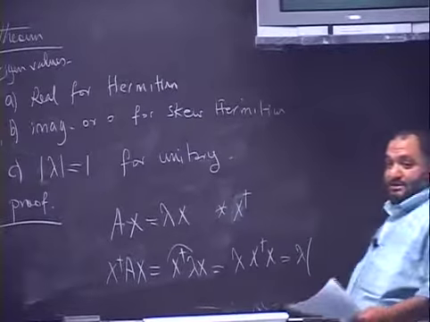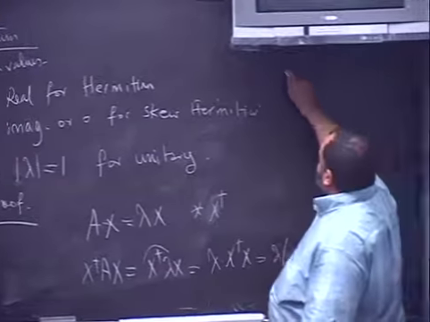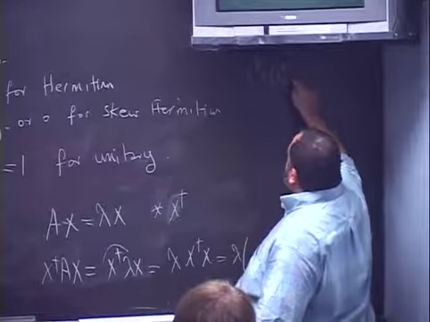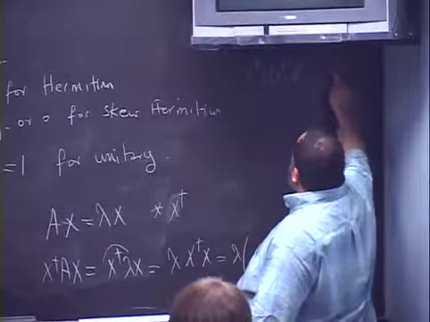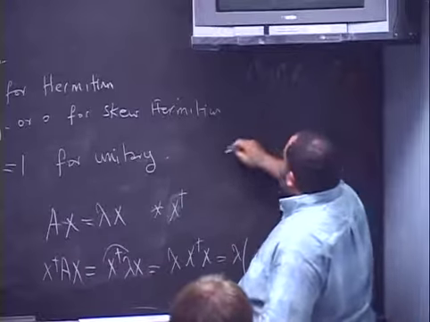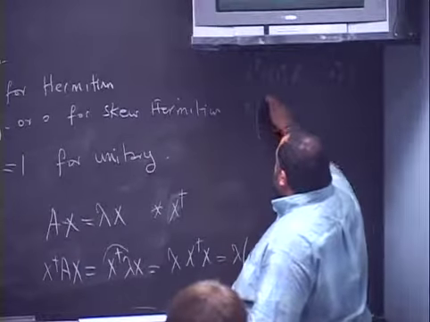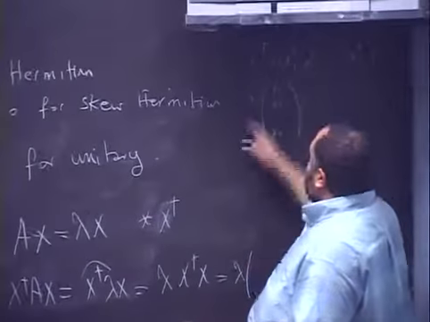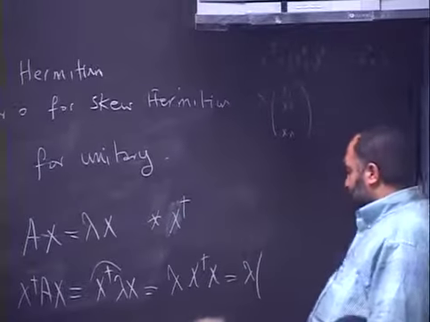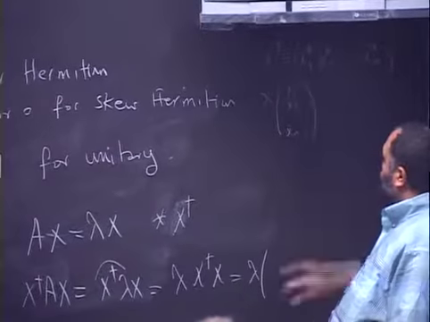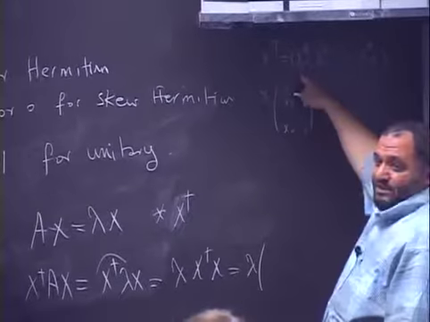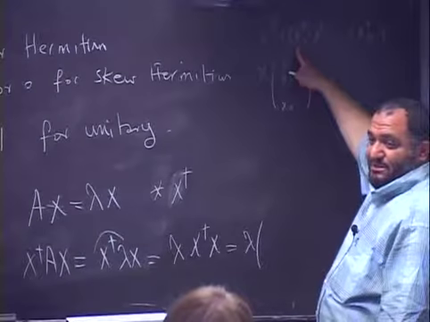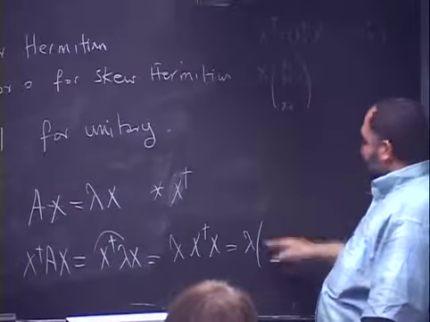What's x dagger x? x dagger is x1, x2, up to xn. And what's x? x1, x2, up to xn. So what's x dagger x? Something you multiply by its complex conjugate. z z star is the amplitude of z squared.